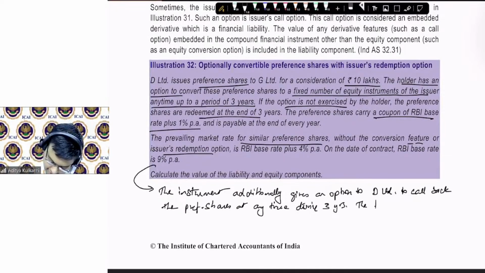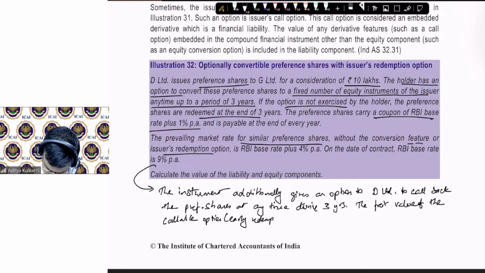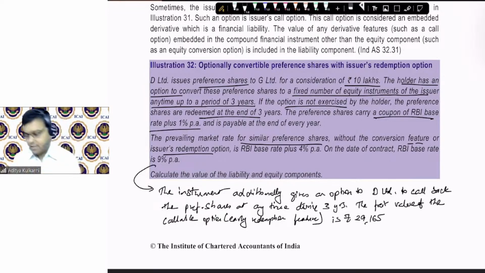The fair value of the callable option, or what we call the early redemption feature, is rupees 29,165.